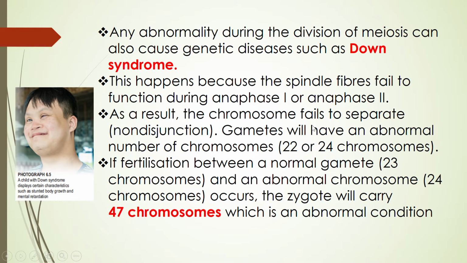But it failed to separate, so one will have 22 and the other might have more, 24. So if fertilization happens between a normal gamete of 23 and an abnormal gamete of 24, 23 plus 24 equals 47. So this zygote which carries 47 chromosomes is abnormal.